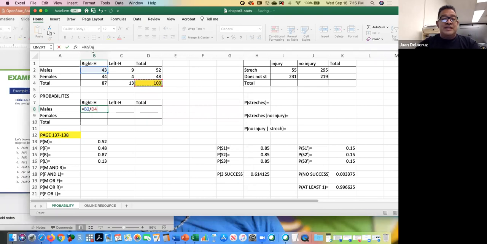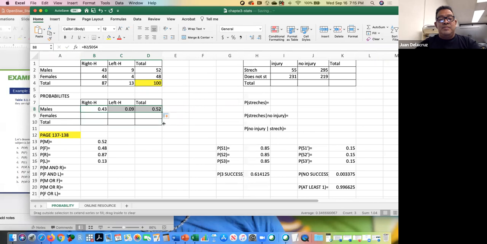And I also said let's put some dollar signs and make sure that each of the cells is divided by the sample size. So in this case, I'm going to say enter. I'm going to drag this to the right. And once I have the males, I'm going to drag this to the bottom and I have the whole thing.